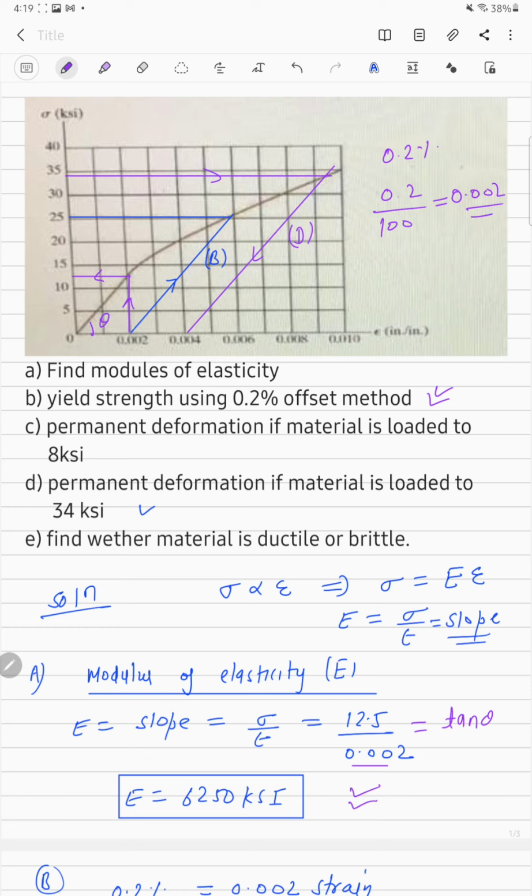So in the 0.2% offset method, what we do is draw a line parallel to the initial line which passes through the origin. So basically we draw a parallel line to this line.